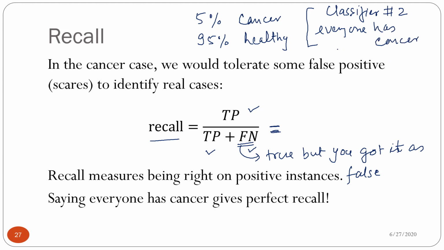So if you're saying everybody has cancer, what will happen? The 5% of people who have cancer, you are saying they have cancer, because you're calling everybody as having cancer. So true positive is 5. False negative is 0, because you're not calling anybody negative. You're not saying anything as negative, so forget about false negatives. So recall is 100%, which is misleading again. So this is silly as well.